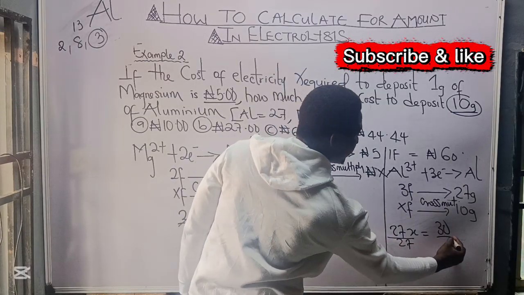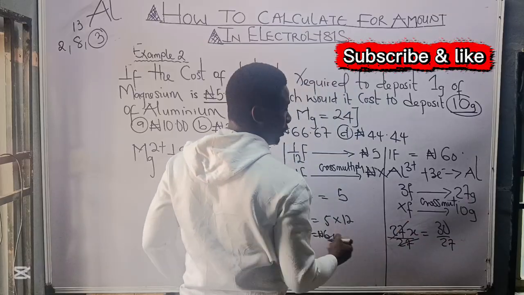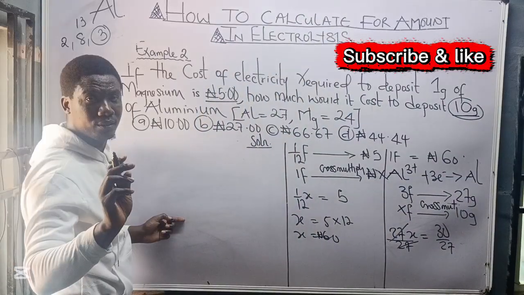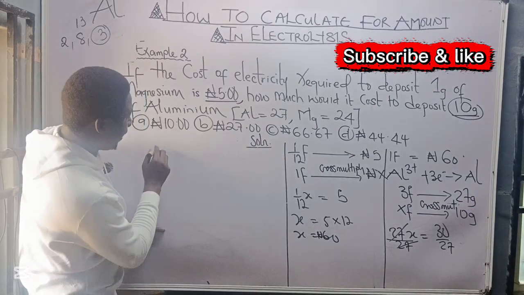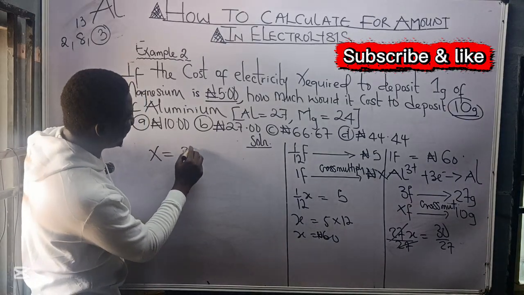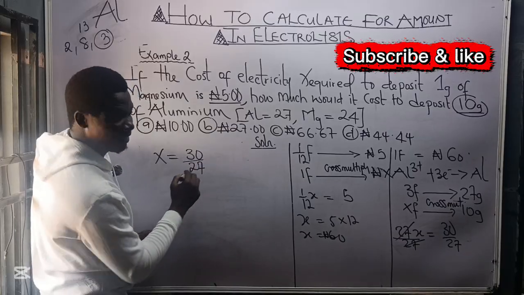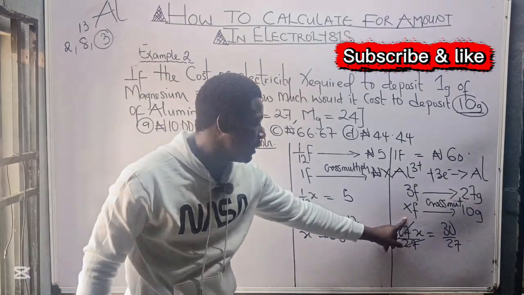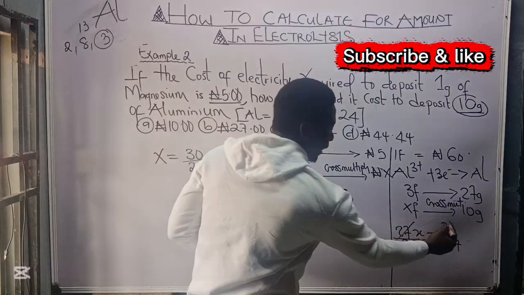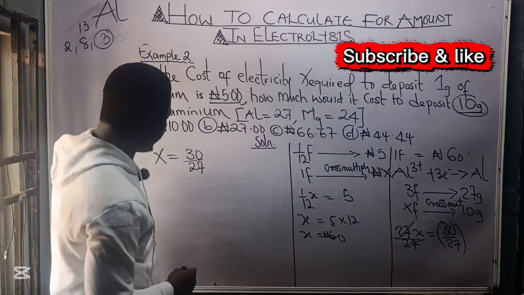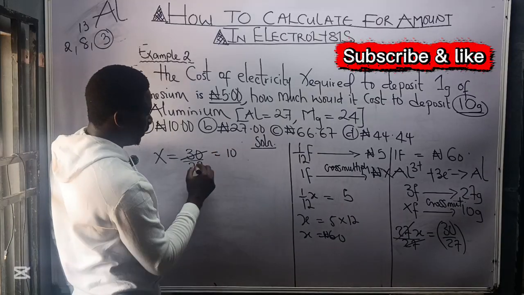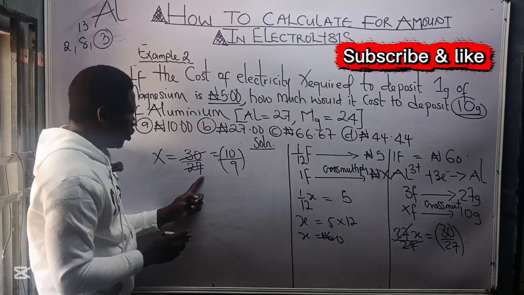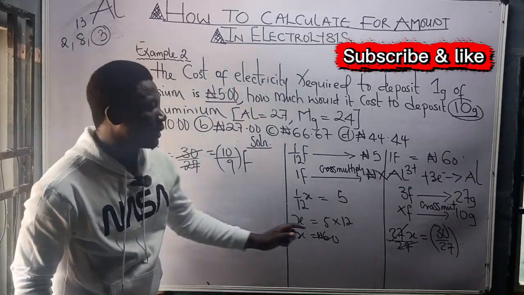So divide by 27, this cancels this. So we have X equals 30 over 27. Do you understand? So the Faraday that will give us 10 grams is 30 over 27. So 3 goes into 30, 10, and 3 goes into 27, 9. This is what we have. So this is the number of Faraday that gave us 10 grams.